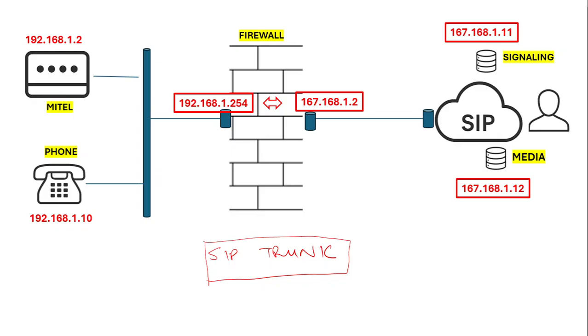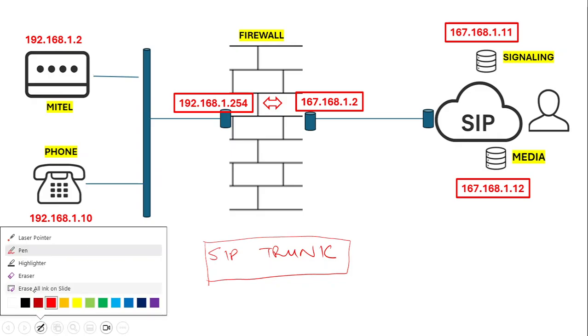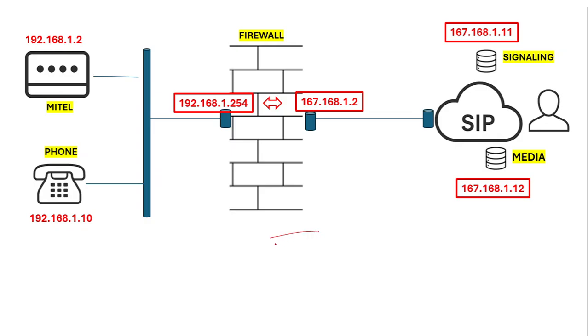When we have a SIP trunk, we are going to have a firewall, and the firewall has a public IP address on the external interface.